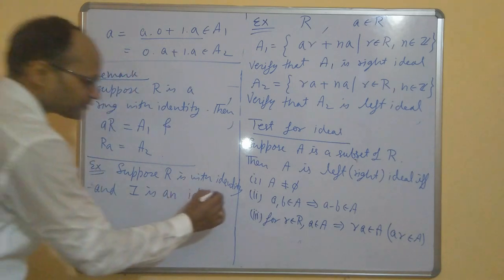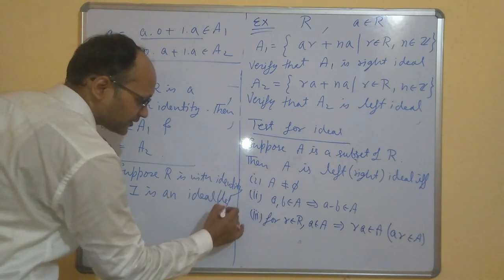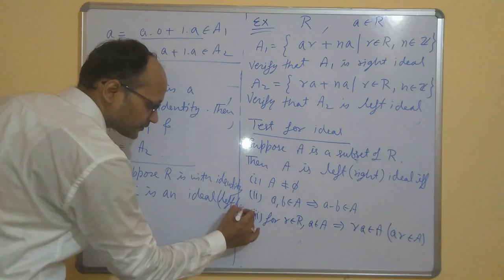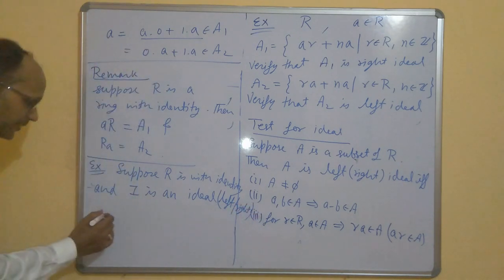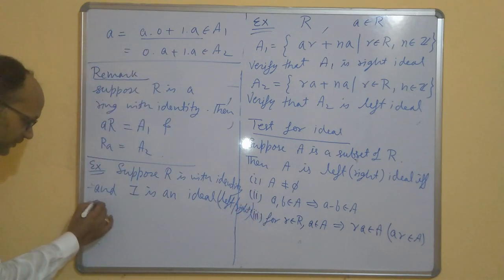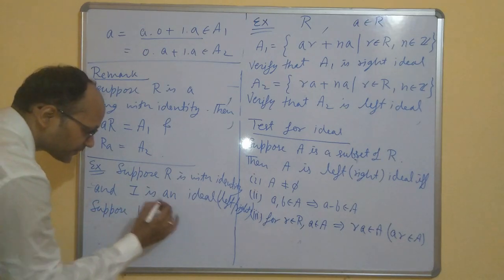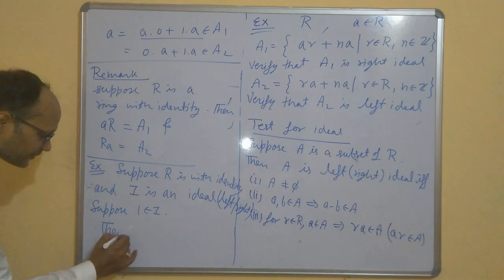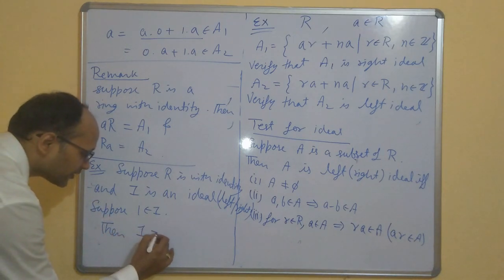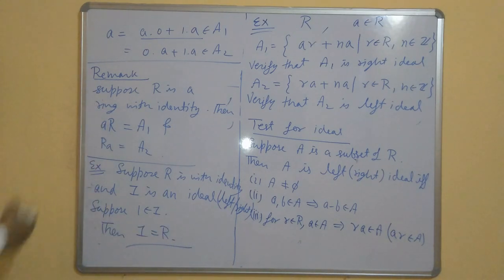It may be left or right also, there is no problem. Then suppose 1 belongs to I, then I will become equal to R. So just verify it, very easy to verify. I am leaving it as an exercise for you, so do it.